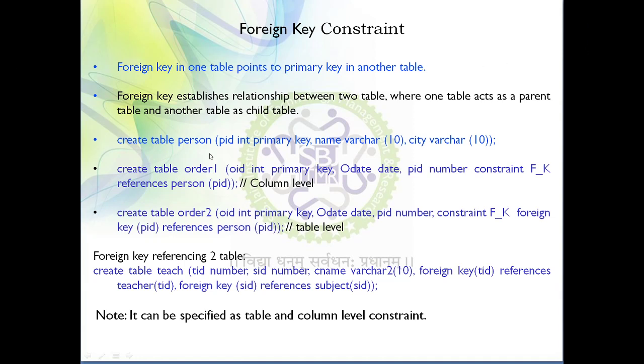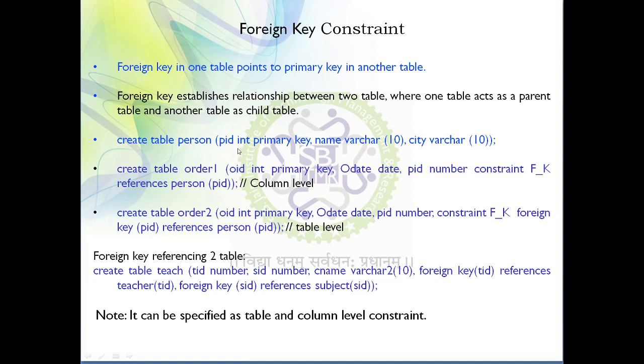So a foreign key establishes a relationship between two tables where one table acts as a parent table and the other as a child table. Now I will give an example. The example is very simple. First of all, I am going to create a table person.